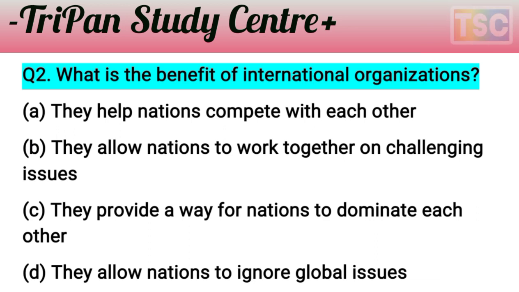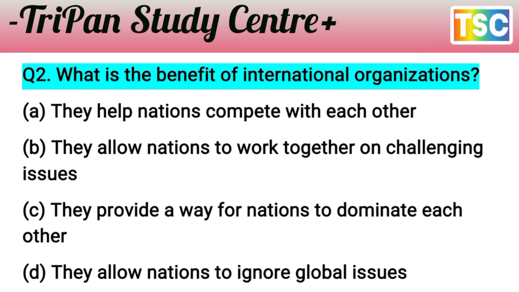That's not applicable, because helping nations compete with each other is not a benefit. D, they allow nations to ignore global issues, is nothing; ignoring global issues is not allowed, so D is already eliminated.